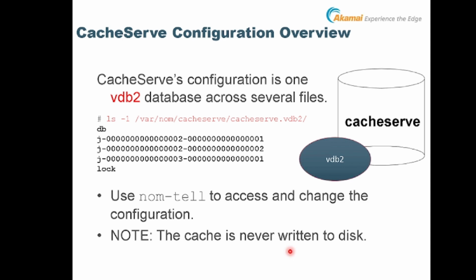At no point does CachEserve ever write that DNS data that it's seeking and serving. That information is never written to the disk, and it's not possible. There is no tool that will allow you to write the cache to disk.